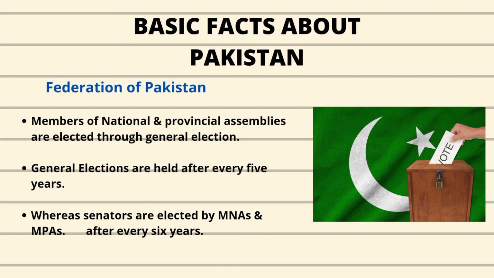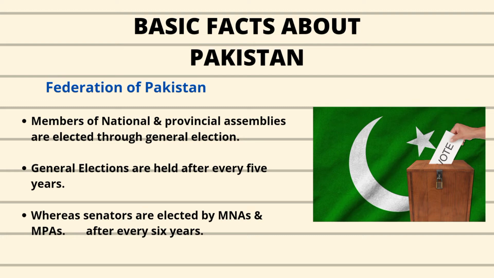The senators are elected by the MNAs of the National Assembly and the MPs of all 4 provincial assemblies of Pakistan. There are nominations from each category, each element of society in Pakistan: technocrats, religious personalities, scientists, and experts from every walk of life.